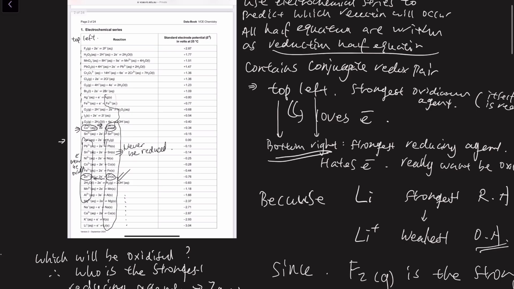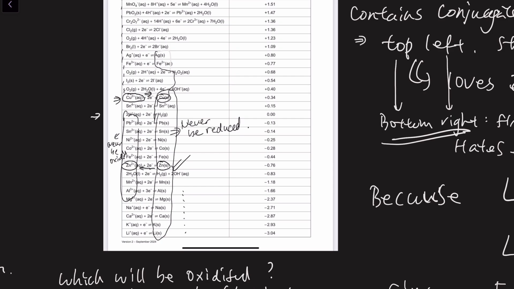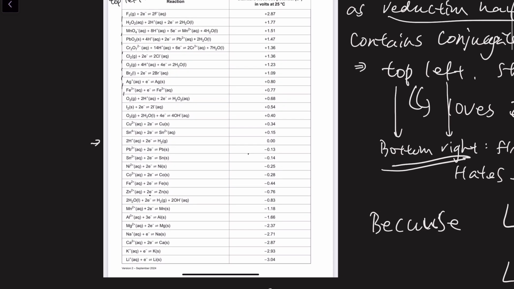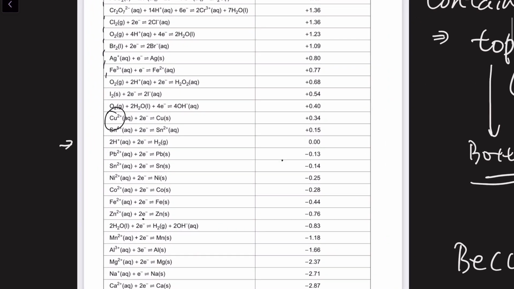So how do you predict the reaction? You can look at this graphically. If you have copper and zinc present in your system, and you connect a line between them, and if this line is negatively sloped, the reaction would occur, and copper ion will become copper, zinc will become zinc ion.